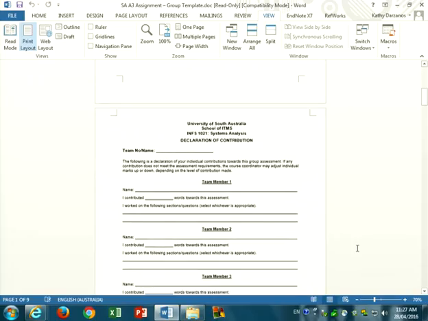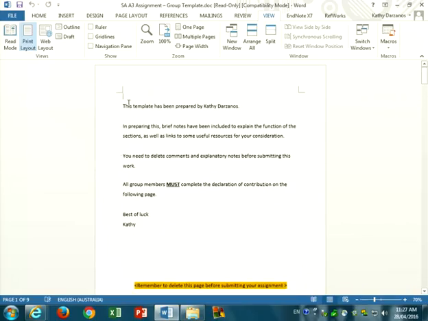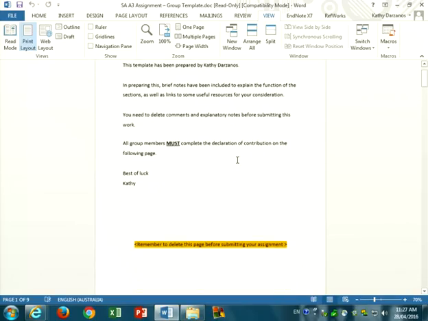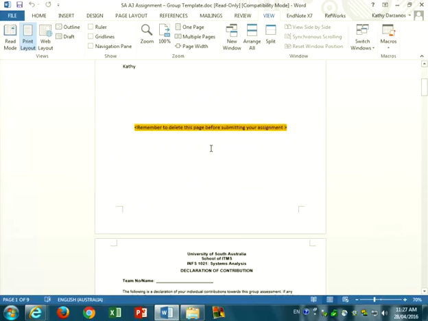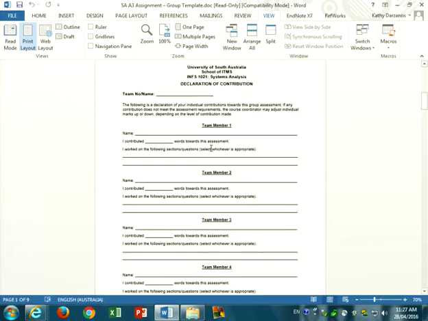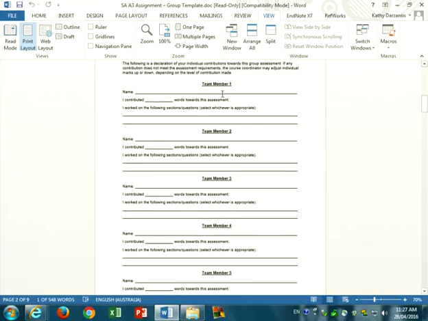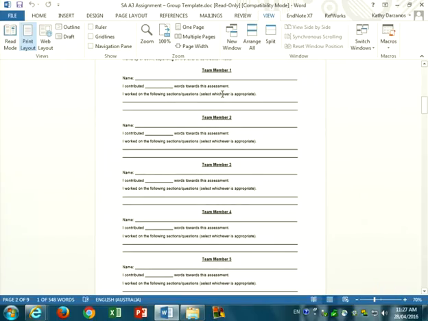Okay, so the declaration. Just read that, it's a template I've created; delete the text before submitting. For the declaration of contribution, I would like you to put your team number, your group number, on there. You've all been allocated group numbers. Incorporate your name, say what you contributed, how many words you contributed, and what sections you contributed toward this assignment.